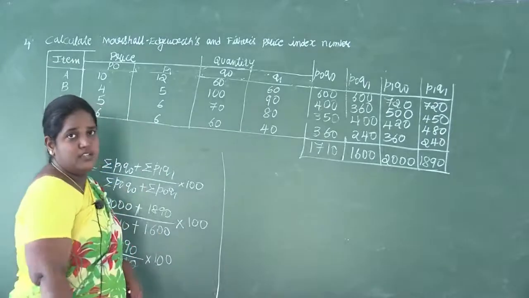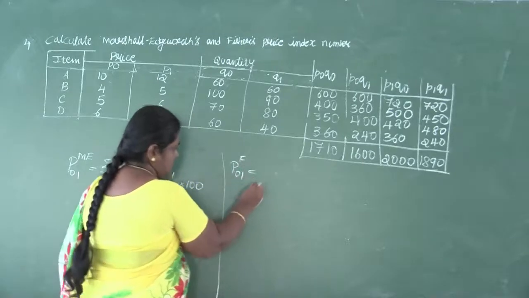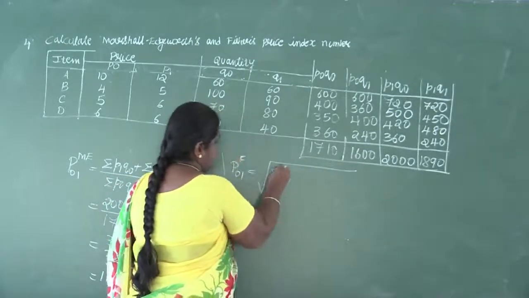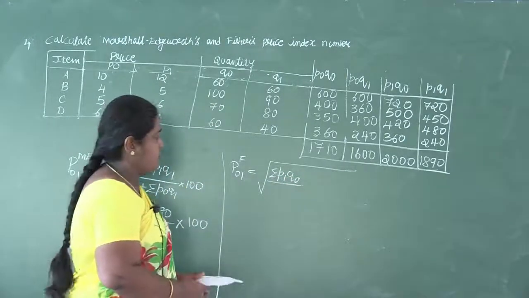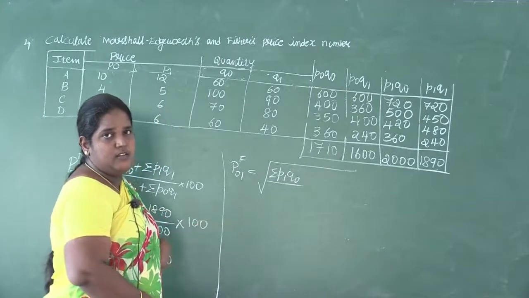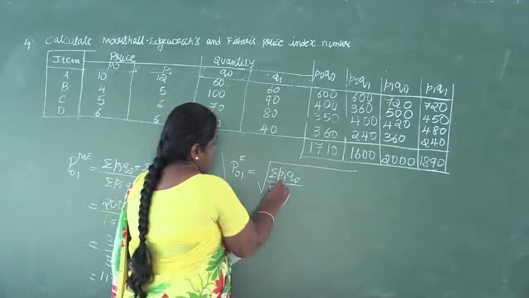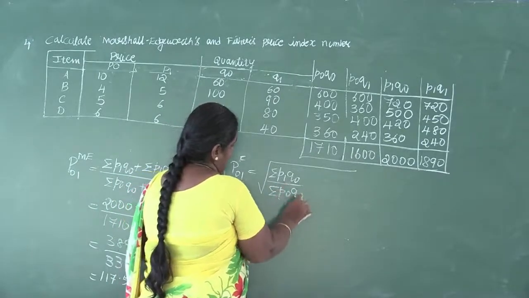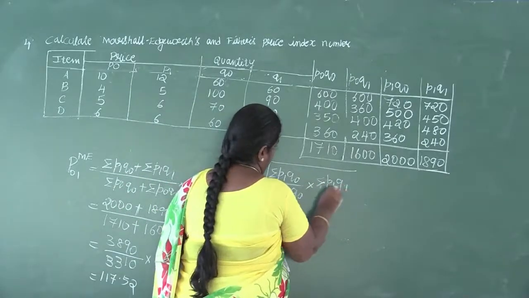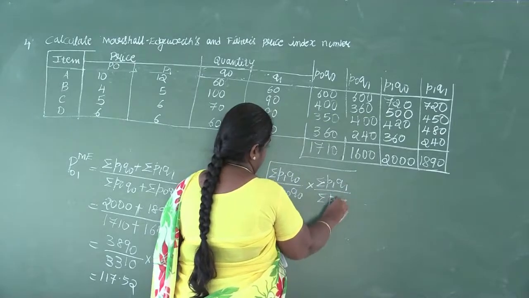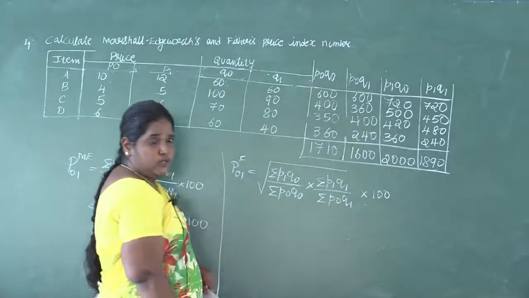Then we have one more method, that is Fisher's price index number. So P01F equals square root of sigma P1 Q0 divided by sigma P0 Q0 into sigma P1 Q1 divided by sigma P0 Q1, into 100 is outside the square root sign.